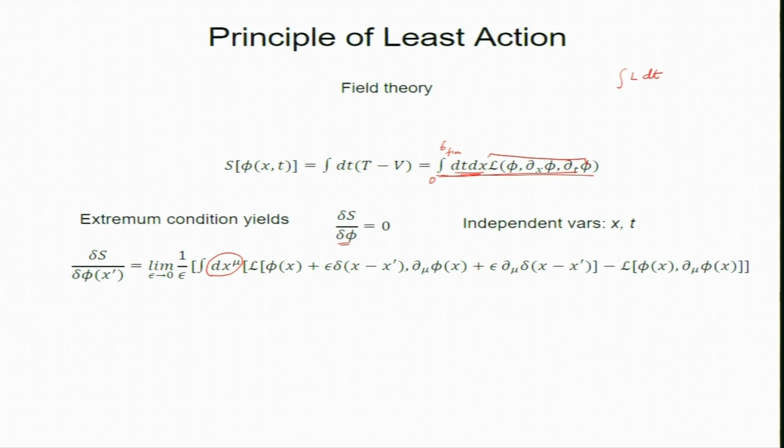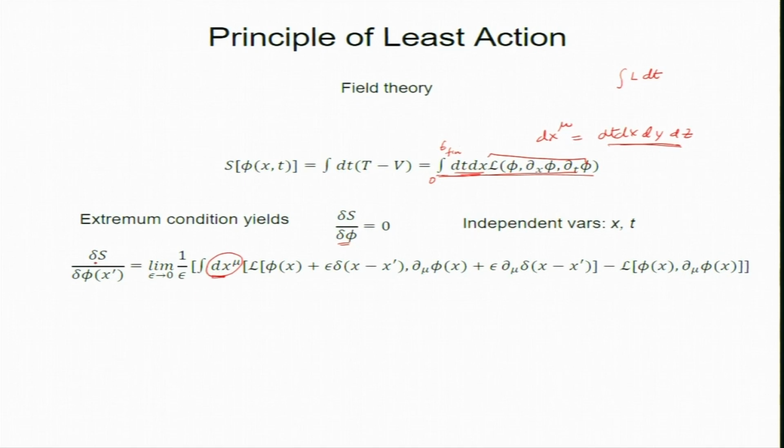In 1D it is dt multiplied by dx, and in three dimensions, we have dt dx dy dz; this is our dx mu, basically inspired by relativity. This is space-time, but in 1D it is just dt dx. I am not going to do relativity right now, though in between we will make some connection; we will basically stick to non-relativistic fields. So right now you just think of it as dt dx.